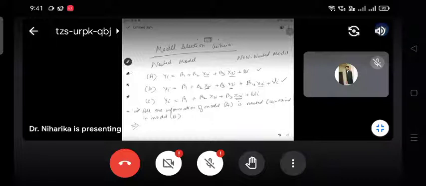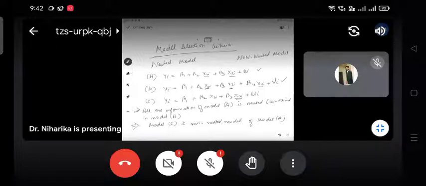So we say that model C is a non-nested model of model A. Understood? Nested and non-nested? Yes, ma'am.